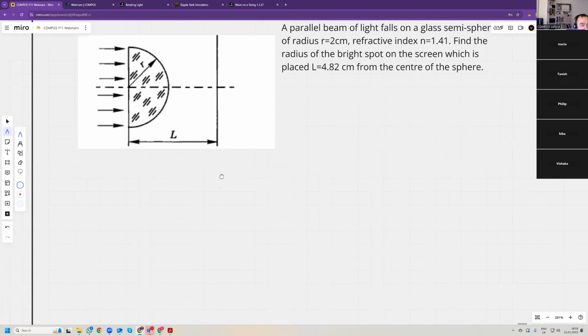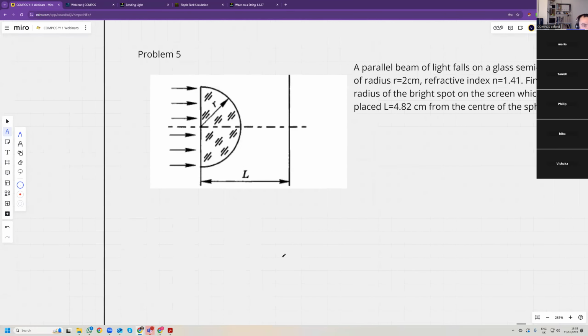Okay. So the idea is that this ray will go through but refract. This ray will go through and refract. This ray will go through and refract. This ray will reflect into the glass, so it won't leave.